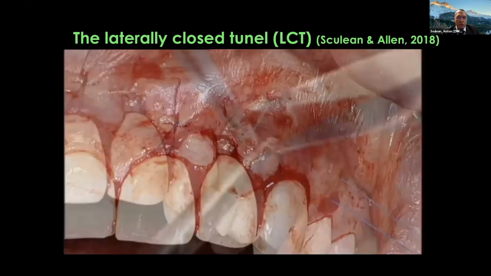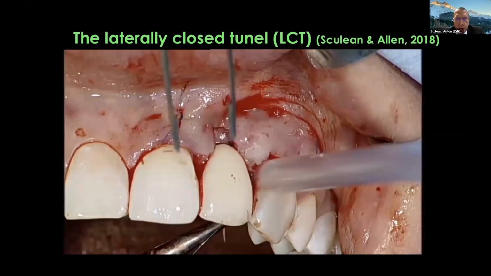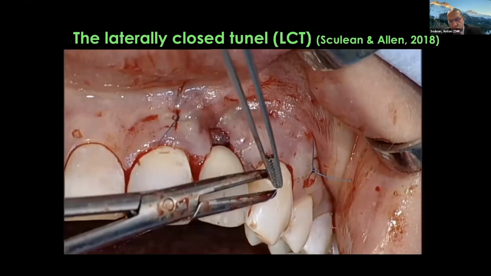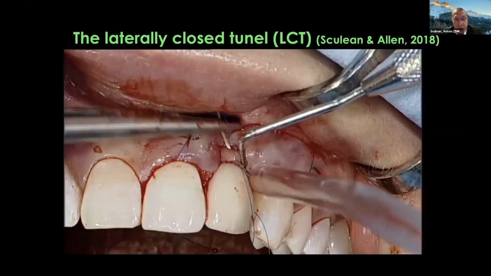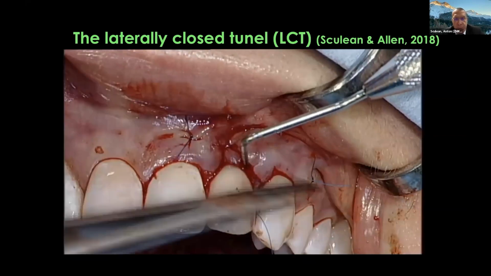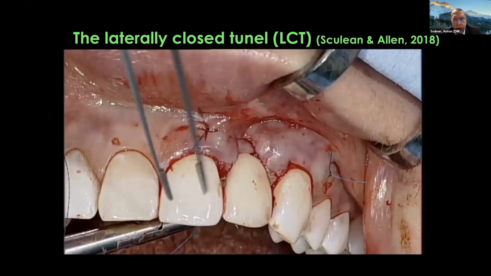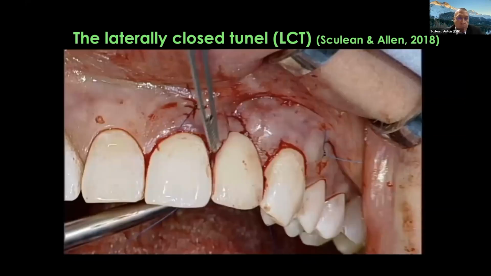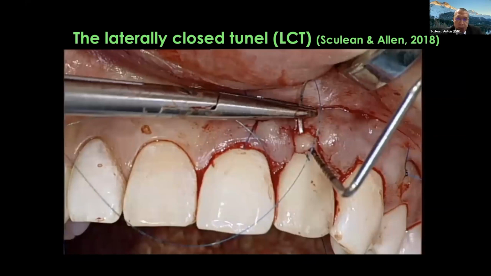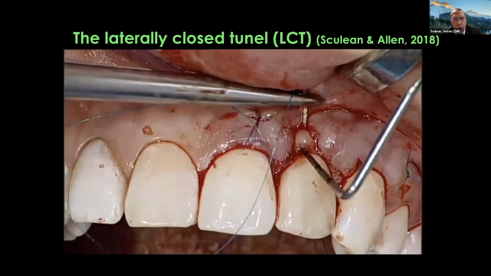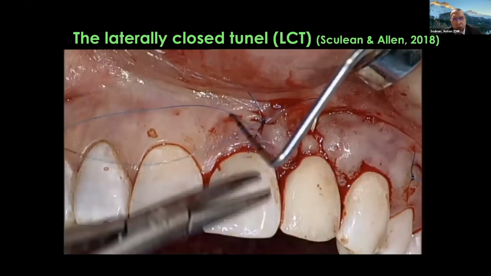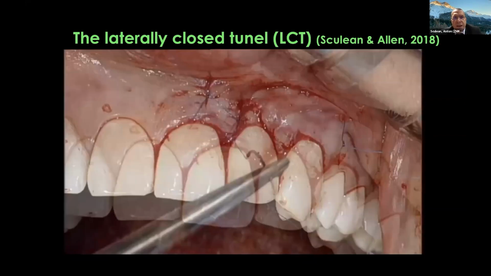And we stabilize the graft with sling sutures on the cervical part of the implant, using sutures with short needles, maybe 10, 12 millimeters, because in this way I can make fine movements in a much more precise way, stabilizing the graft. This is very, very important because the graft has to be stabilized.